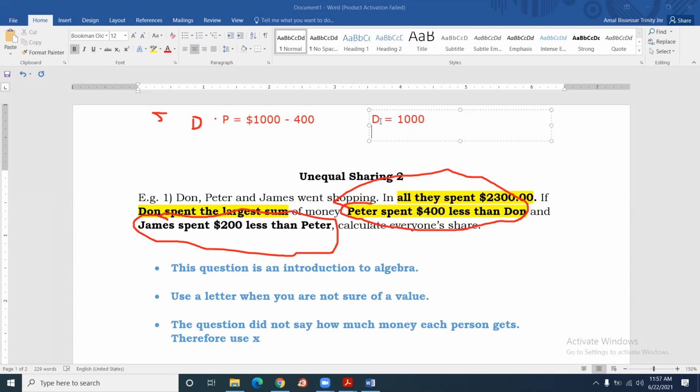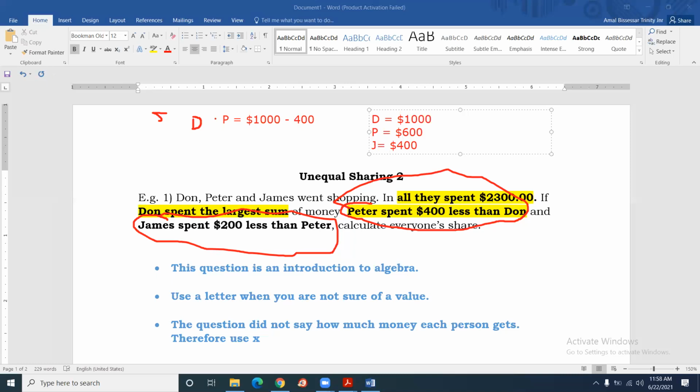And you already told me Peter is 400 less. 400 less means that Peter, when I work with my random number, is going to be 600. James is $200 less than Peter. So if I use this random number, James will be 200 from 600, James is 400. And I want you to focus on those numbers because there is something there that is important.